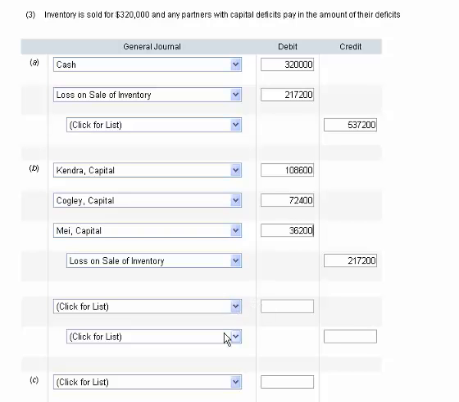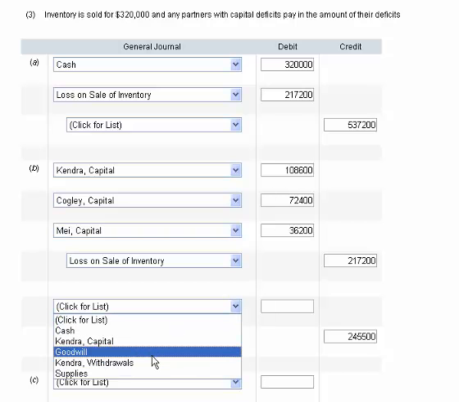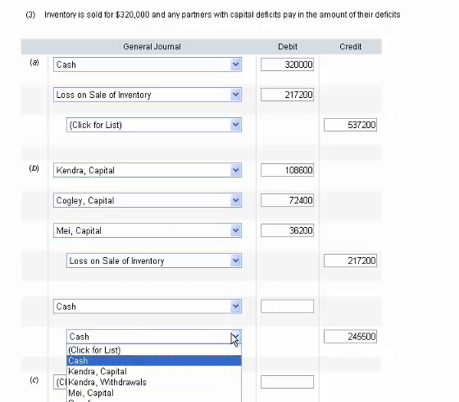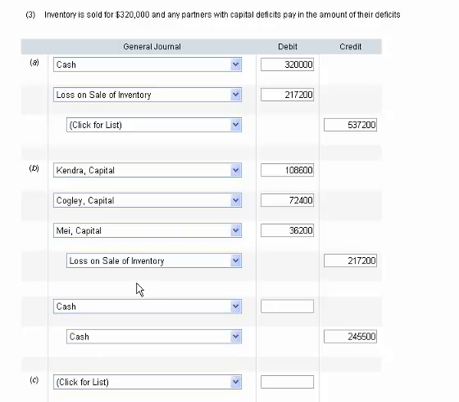Okay, then again we pay off accounts payable, right? 245,500. Debit accounts payable. Debit cash, and I'm really blowing this here. We need to debit accounts payable. I'm not sure why it's not giving me the option.